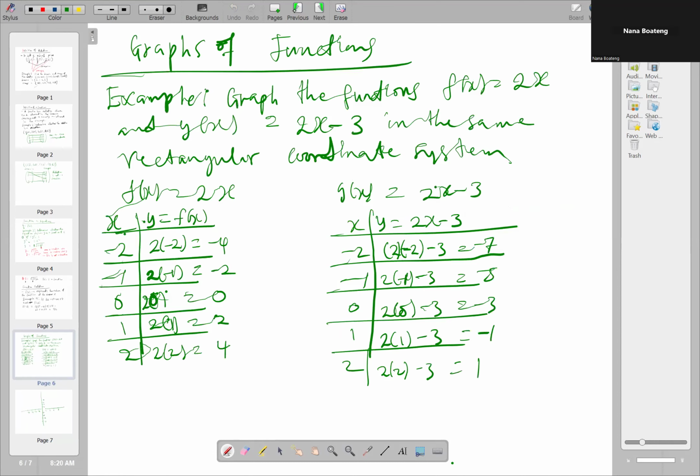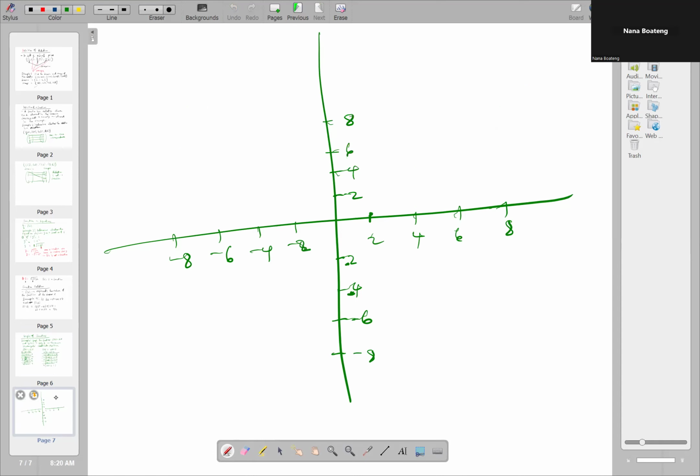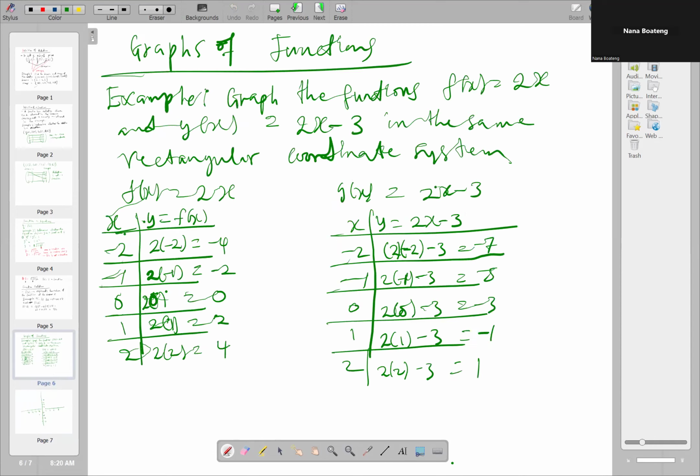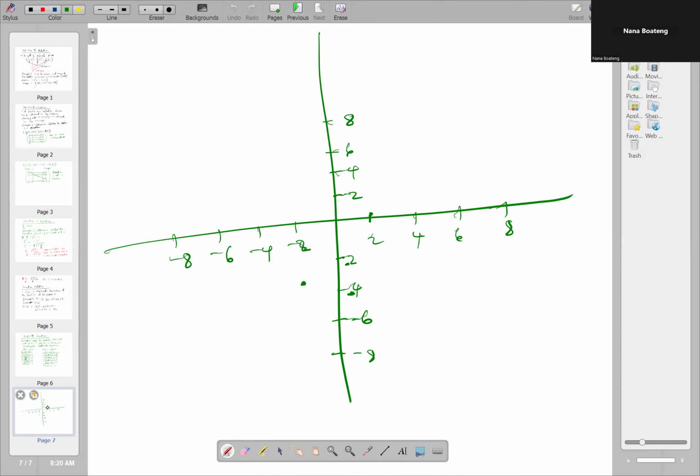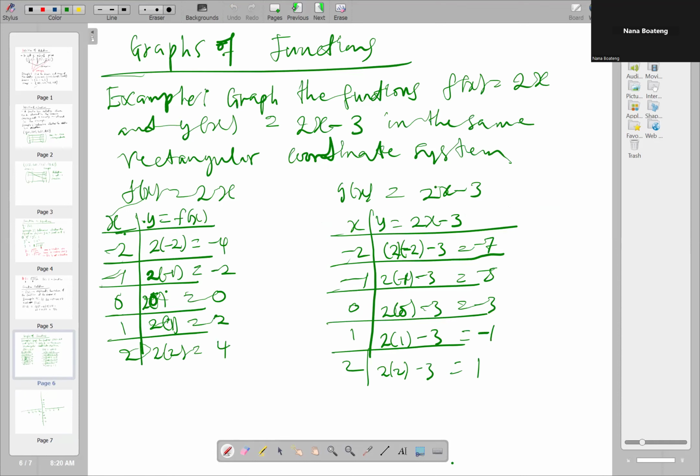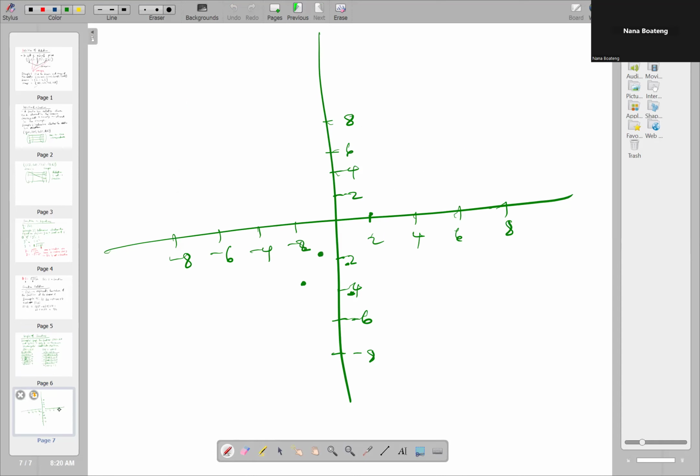Okay, so let's plot f of x first. So for f of x, the first point is negative 2, negative 4, which is about here. The next one is negative 1, negative 2, about here. The next one is 0, 0, which is here.